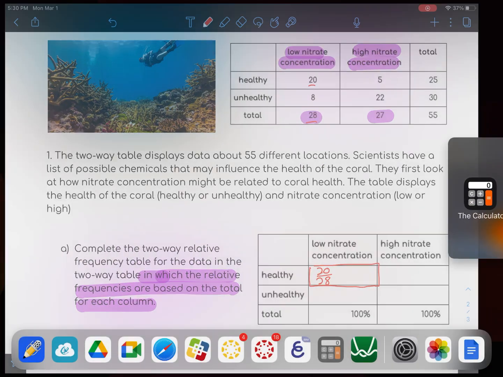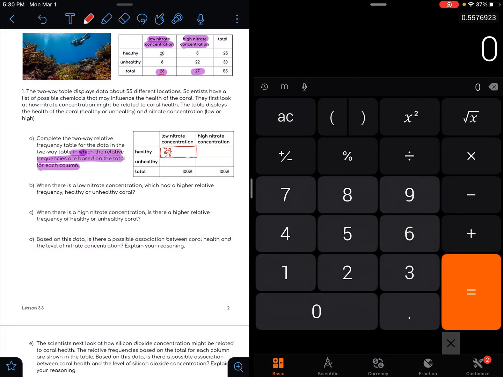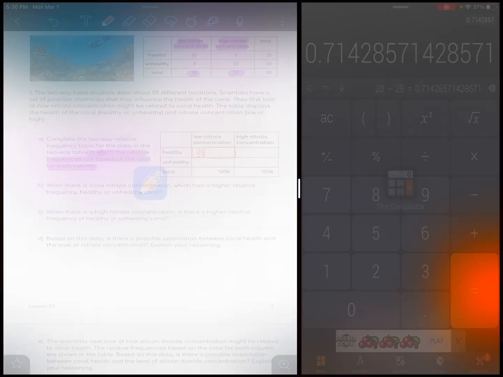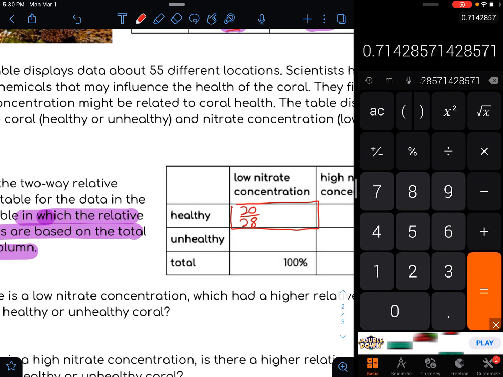This is where we need to use the calculator and come up with a percentage. So 20 divided by 28 is 0.714 with a number of numbers after the decimal point. If we're rounding that to the nearest hundredths place so that we can convert it to a percent, it looks like 0.71. So we'll use a little squiggly equal sign there to represent approximately 0.71. And that is, if you multiply it by 100 or move the decimal point over 2 spots, 71%.